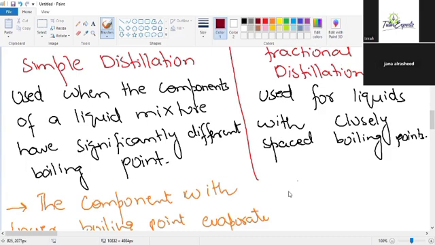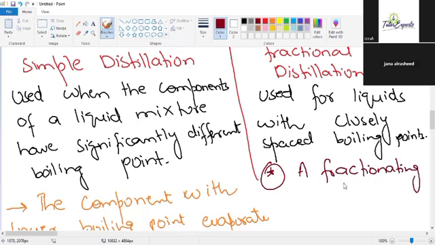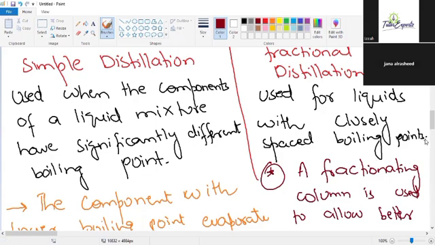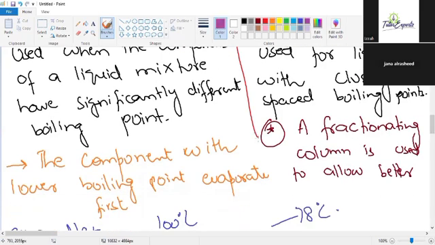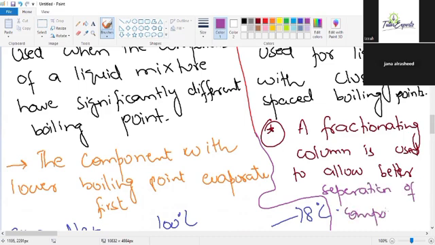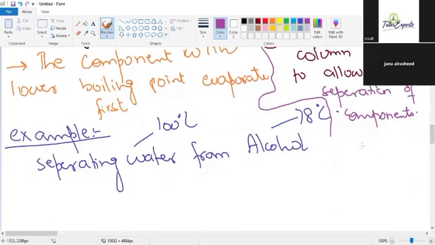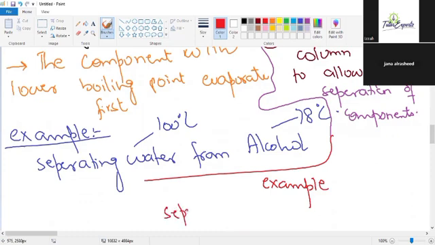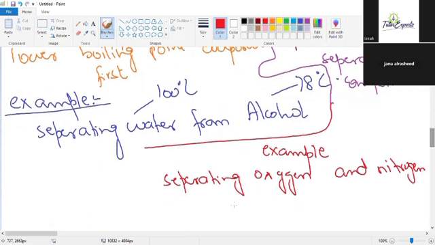There's one instrument added in this case: a fractionating column is used, while in the case of simple distillation, we are not using any specialized equipment. The example would be separating oxygen and nitrogen from liquid air. That's it.